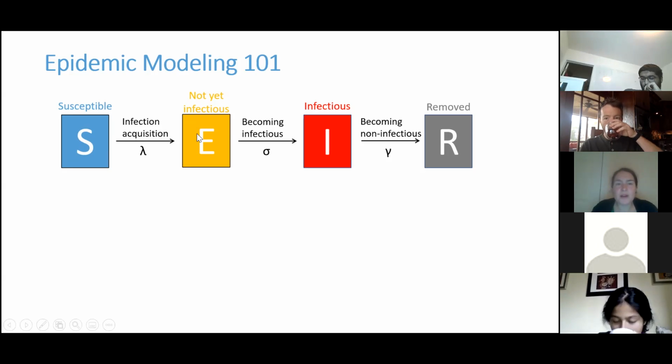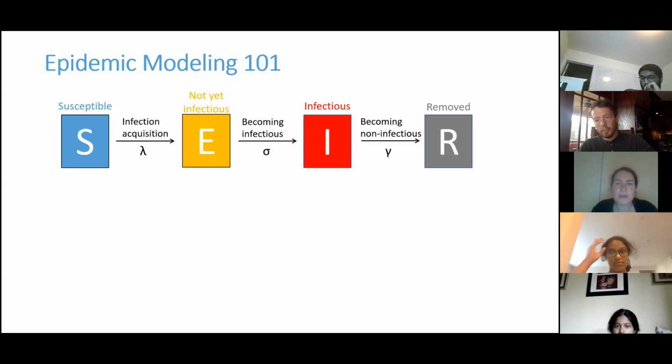Then when people are in the E, exposed, latently infected, not yet infectious compartment, they can move to the infectious compartment through the process of becoming infectious, when the biology reaches a point where they are infectious to others, which we say happens at rate sigma. And then once people are infected and infectious, they become non-infectious at rate gamma.